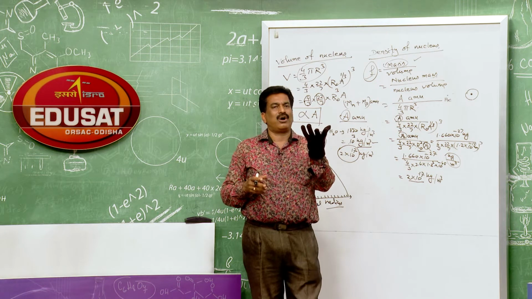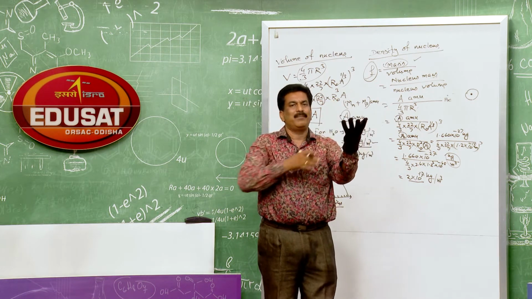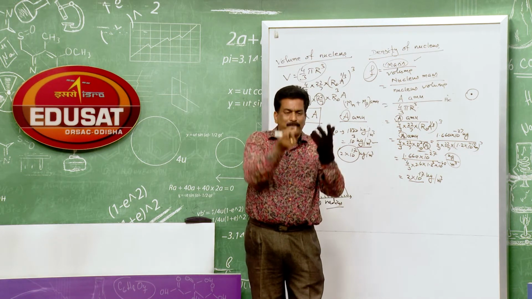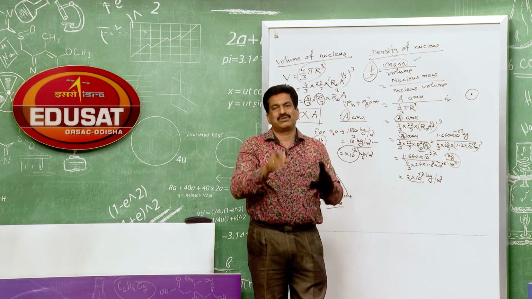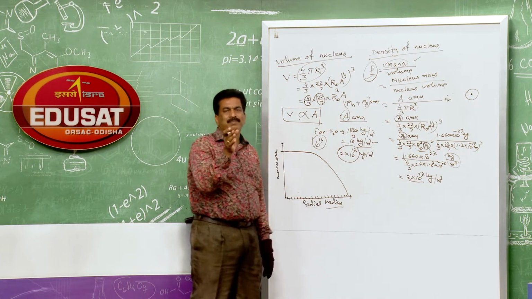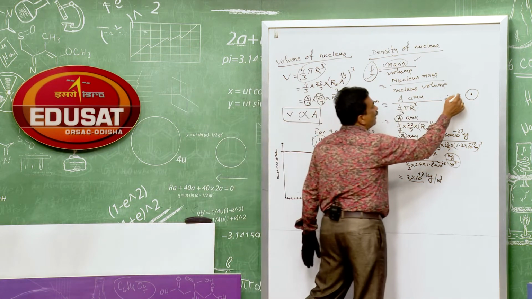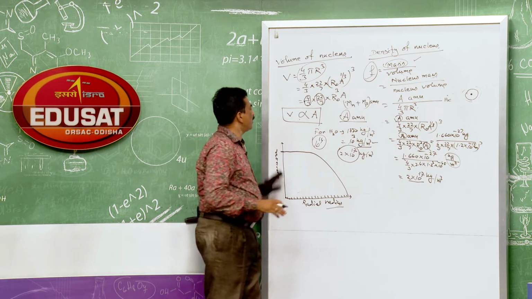If you see an orange from a distance, it looks spherical, but when you come near, you will find that the upper and lower sides of the orange are oval. So that is not completely spherical. Here also, the nucleus in the diagrams we take in every case is spherical, but it is not completely spherical.